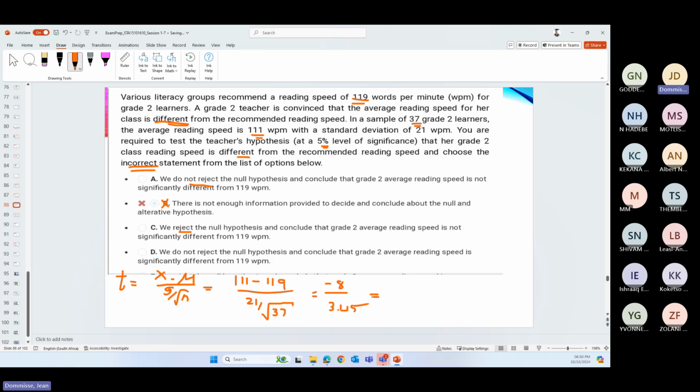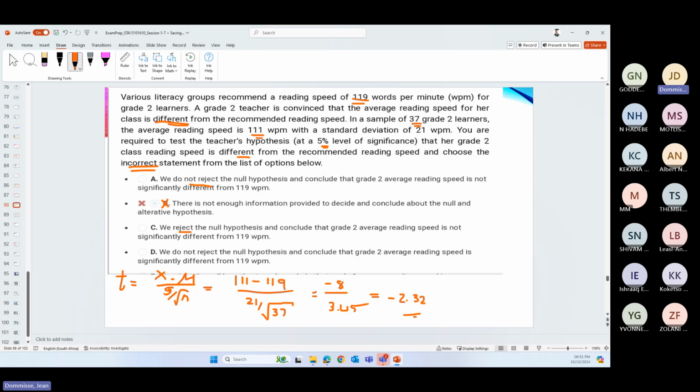So if I work that out, I get minus 2.32. Okay, so just check for me if that is what you also got. Yes, yeah, that is perfect.